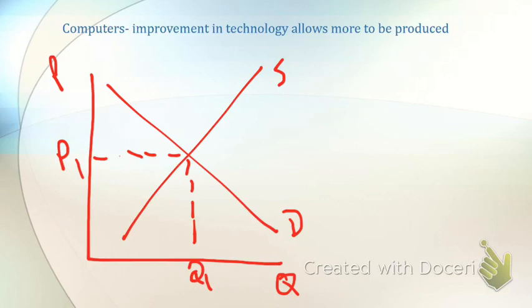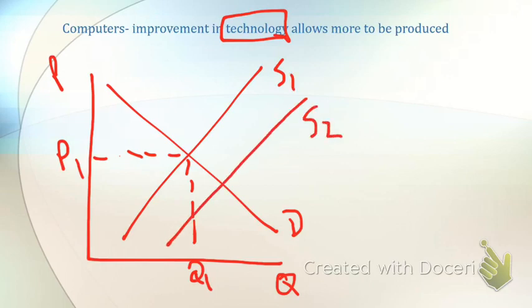Why? Yes, technology. So we would shift supply out. This becomes S1, this is S sub 2. And we have P sub 2 and Q sub 2. It's like that. All right, any questions there?